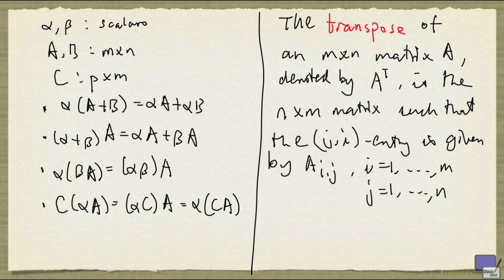Another way to say this is column i of A transpose comes from row i of A.